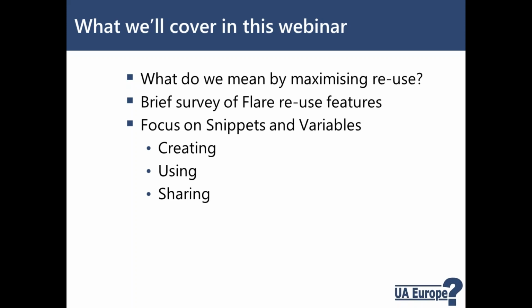After we've done that, we'll focus specifically on snippets and variables, which are two very powerful features of Flare that do support reuse. And I will show you how to create snippets and variables, how to use them, and how to share them with other authors by copying them to other projects.